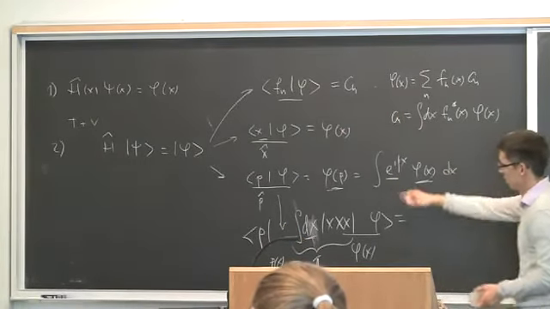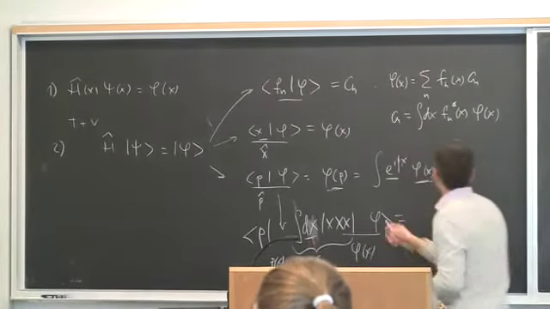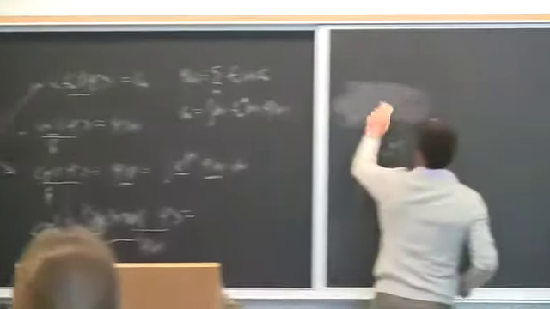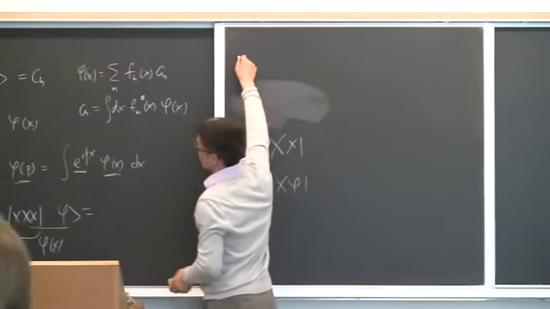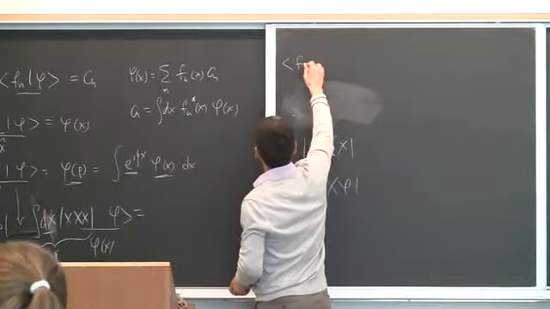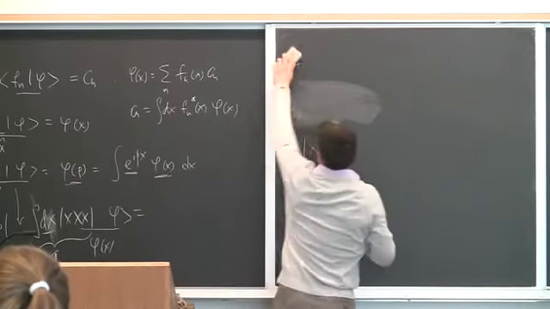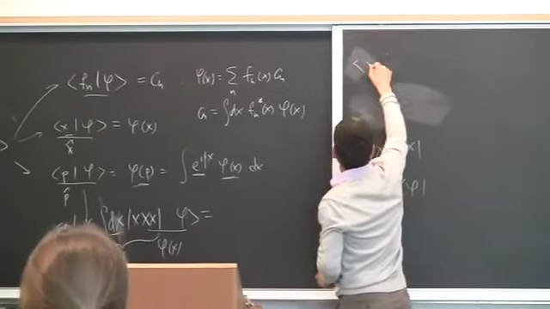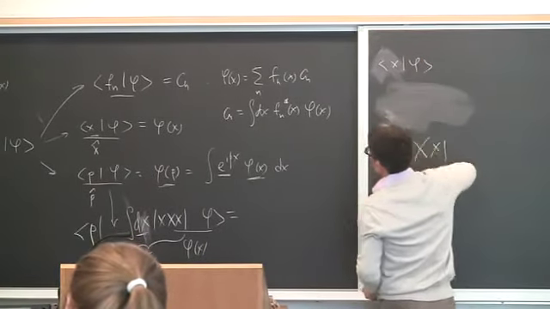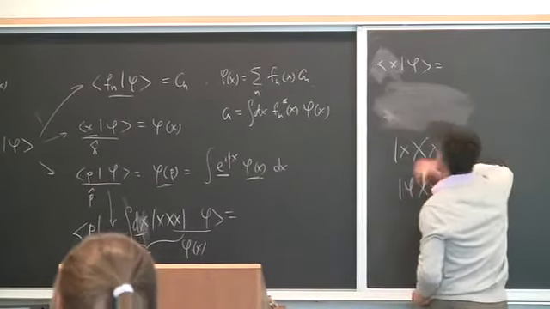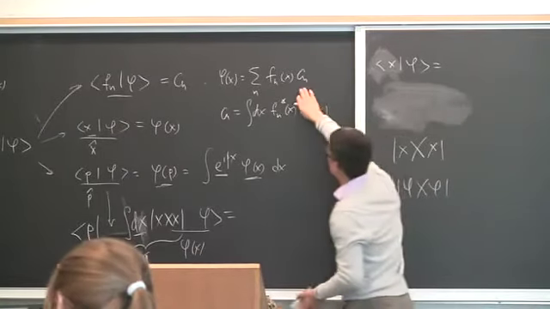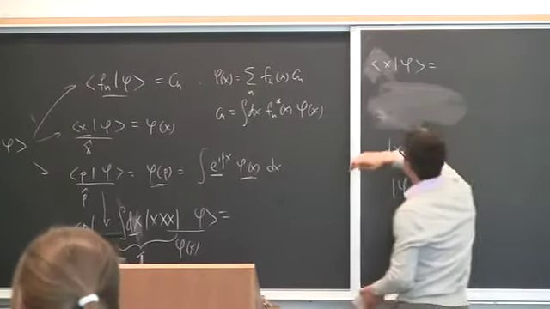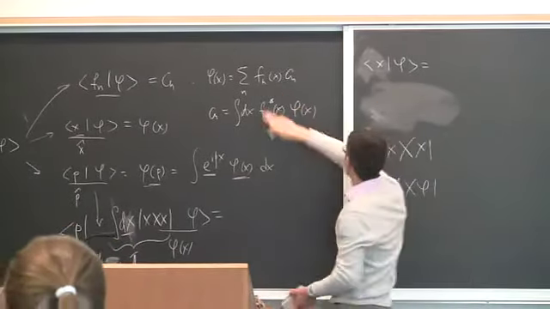Again, this all can be done the same way by resolution of identity. Just to show this, phi of x is this. To get here, we're introducing the resolution of identity over these basis functions.